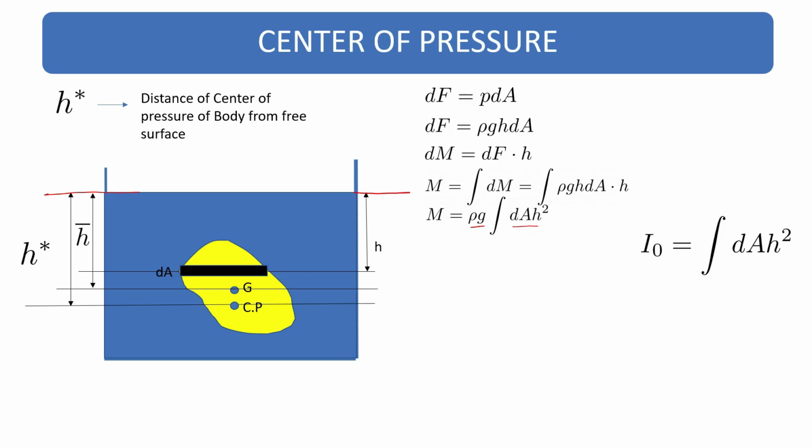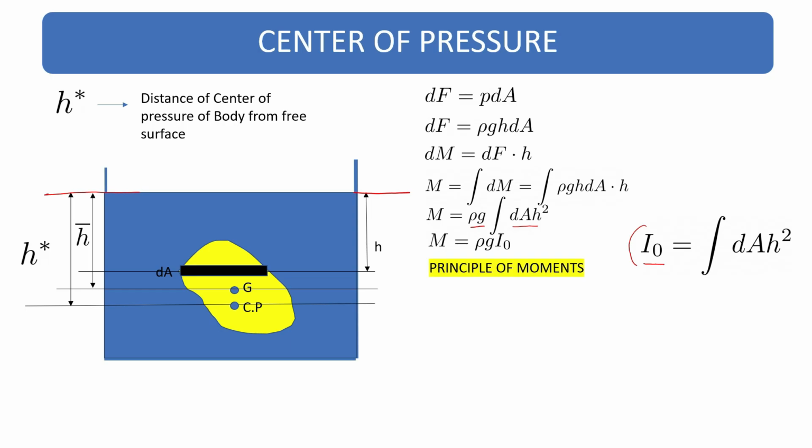But integral dA h square is defined as the area moment of inertia of the body. So you can replace M is equal to rho g into I0.